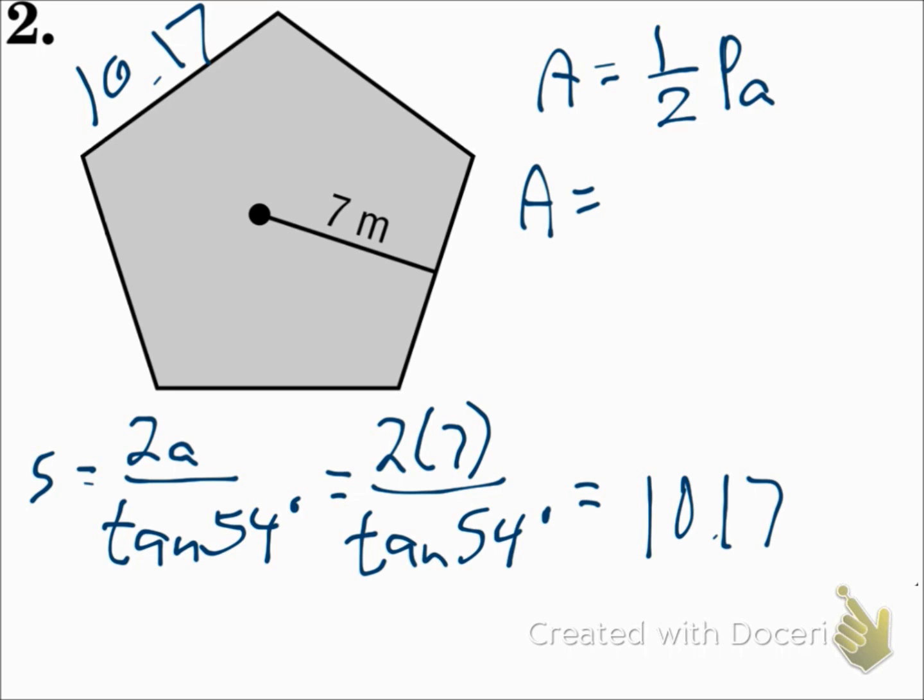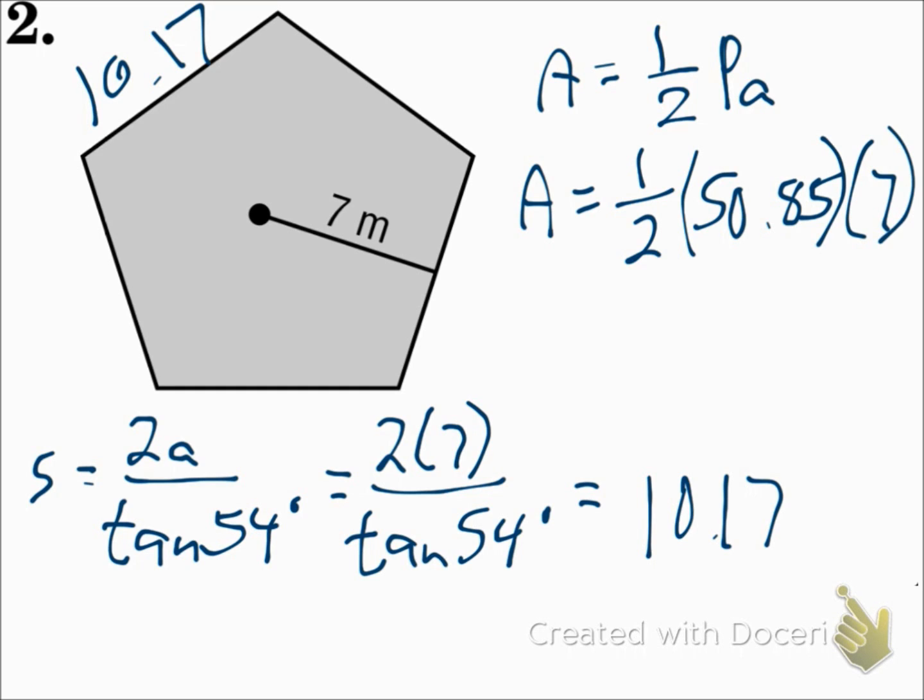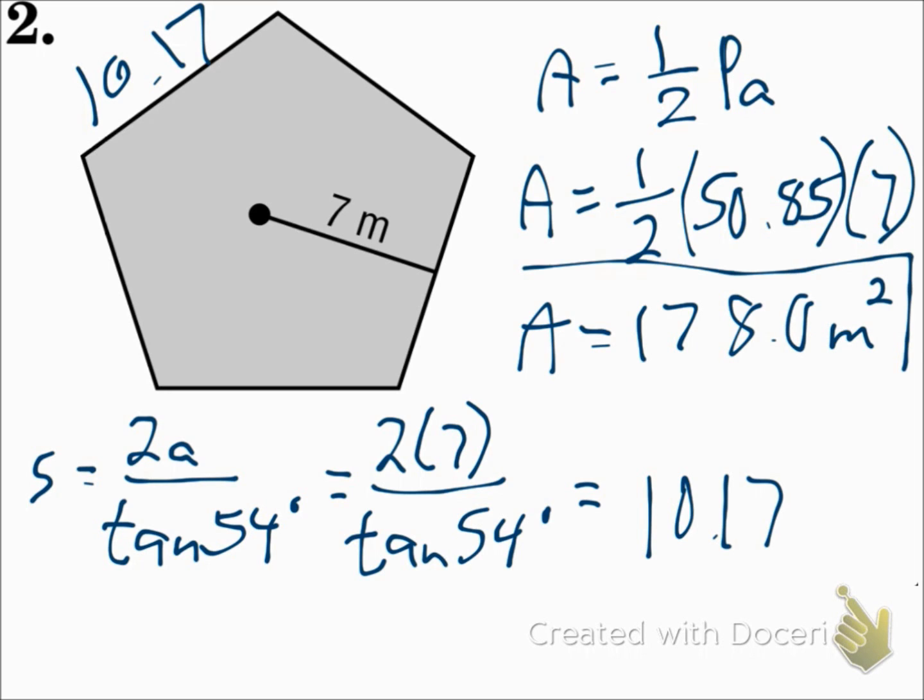So I'll substitute that in, 50.85, and the apothem is 7, making for a grand total of about 178.0 meters squared.